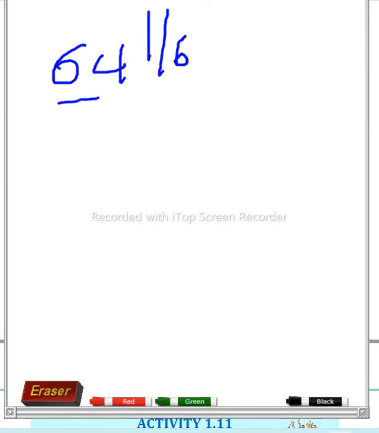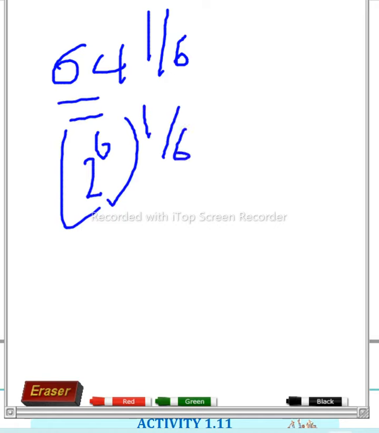As we know, 64 means 2 to the power of 6, again to the power of 1 over 6. 6 times 1 over 6 is 6 divided by 6, which is equal to 1. So we cancel 6 by 6. We get finally 2 after simplification. The final answer is 2.